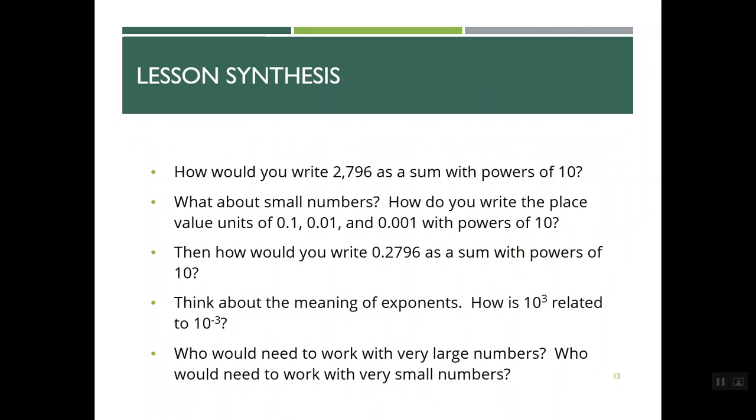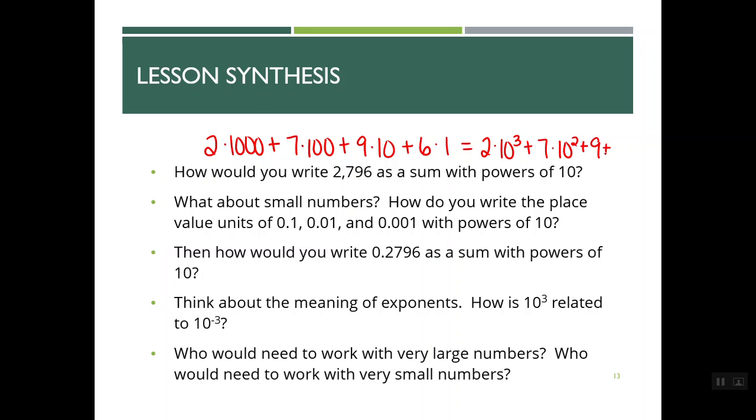This one's kind of confusing, but 2,000 comes from 2 times 1,000, 7 times 100, 9 times 10, and 6 times 1. So if I want to write with powers, it would be 2 times 10 to the third, plus 7 times 10 to the second, plus 9 times 10 to the first, plus 6 times 10 to the 0.